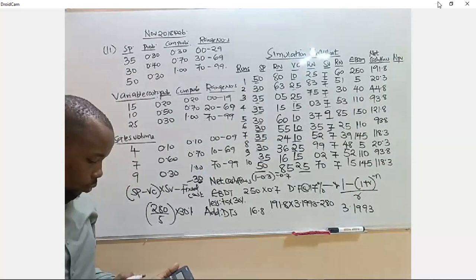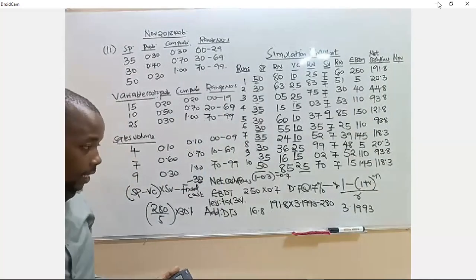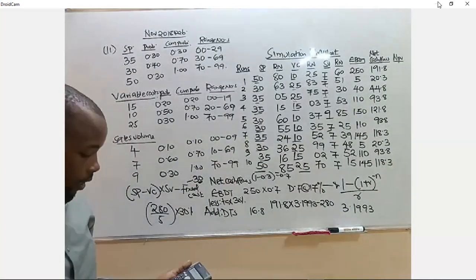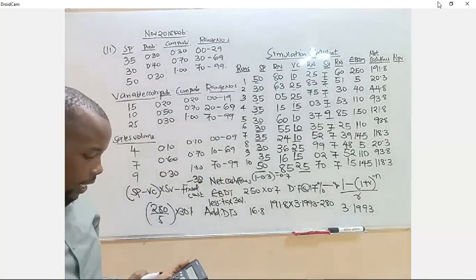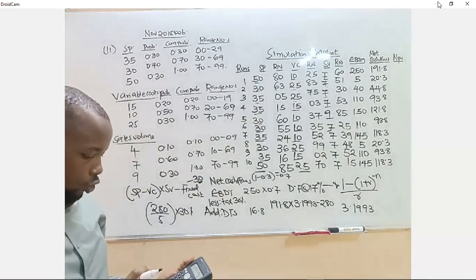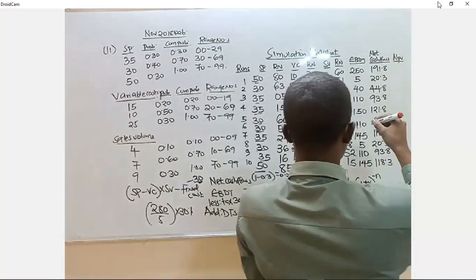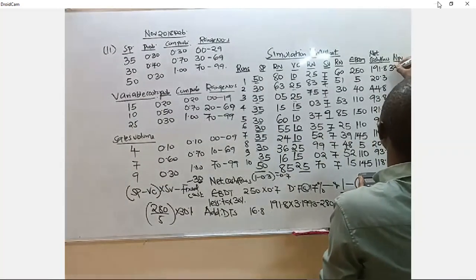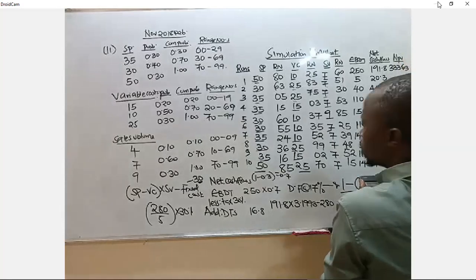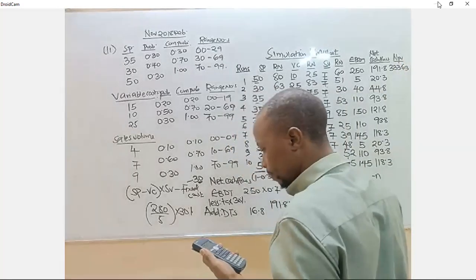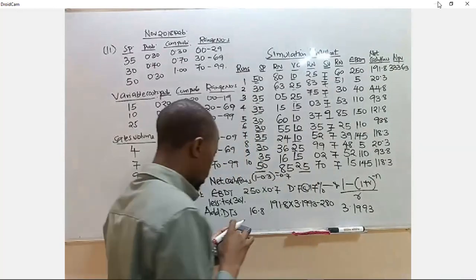For example, the first one is 191.8 times my discount factor, which is not going to be changing. It will remain at 3.1993 minus 280, generating 333.63.